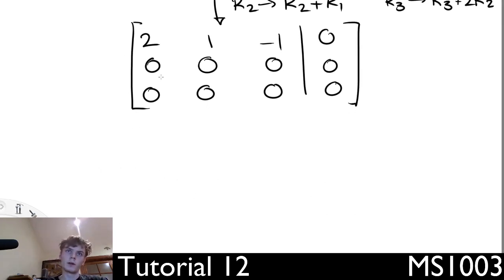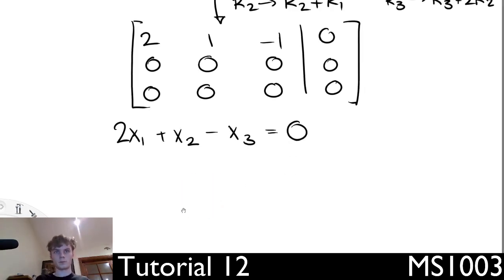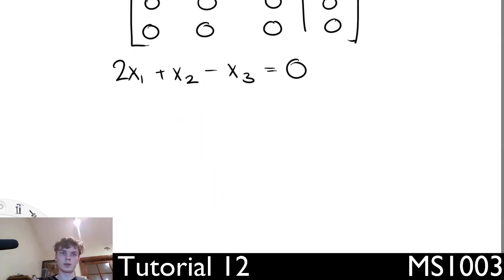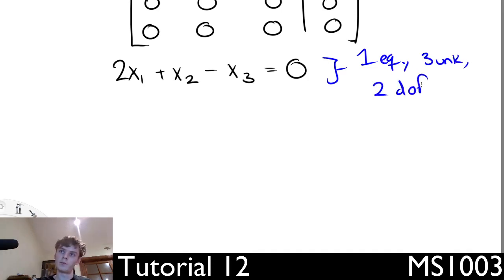Very cool. And the equation we have here is that 2 times x1 plus x2 minus x3 equals 0. And so one equation, 3 unknowns, 2 degrees of freedom.